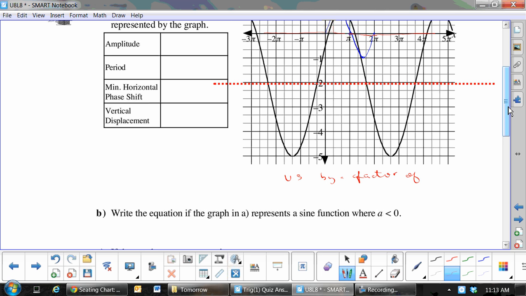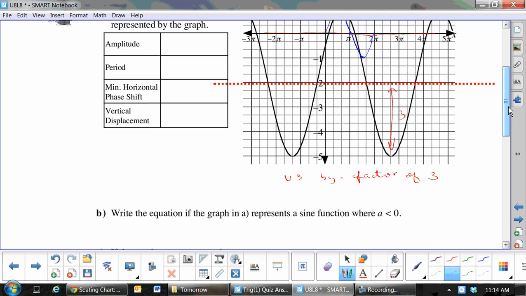It is 3? Is it 2 or is it 3? Is it 4? Should be 3, right? Because vertical stretch matches what? Amplitude. And I think it's, if you count, that is 3.